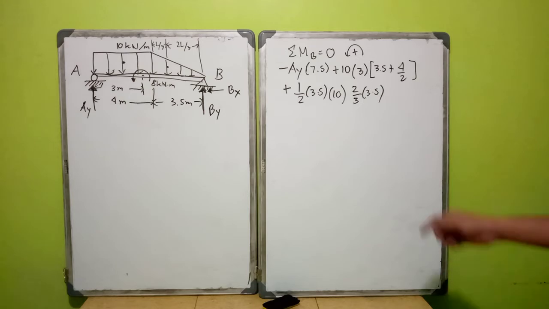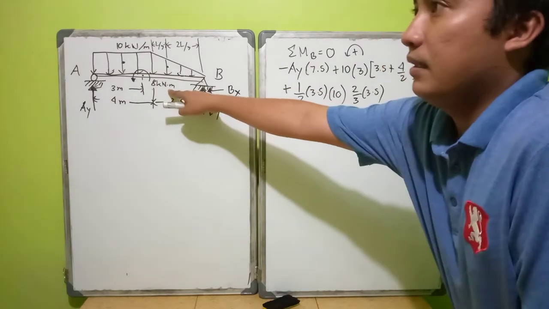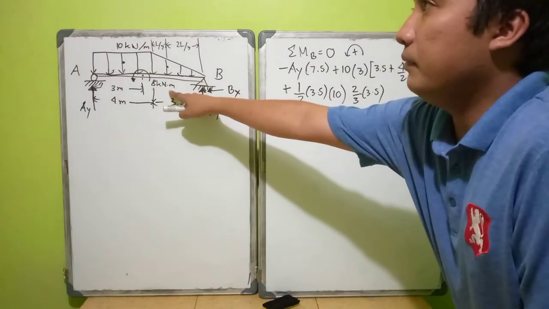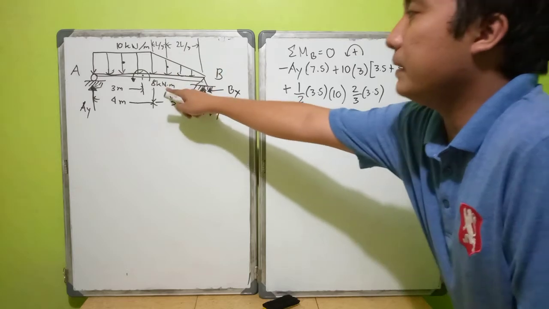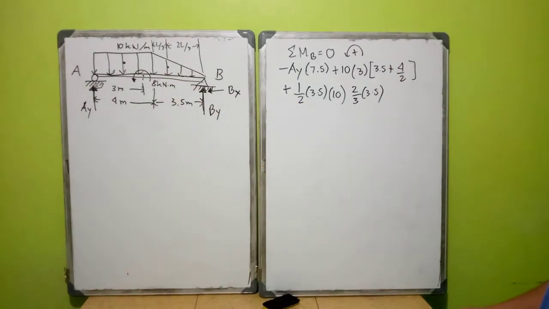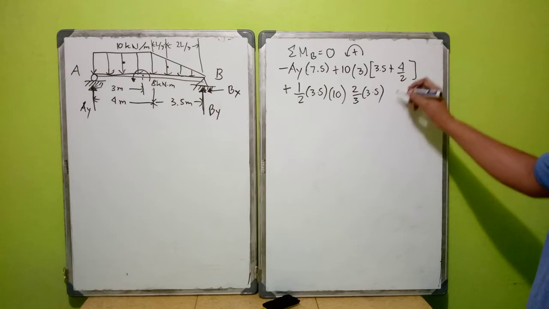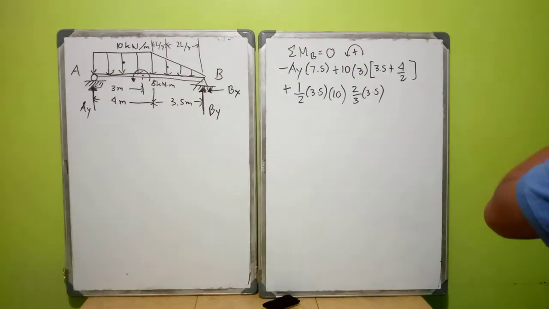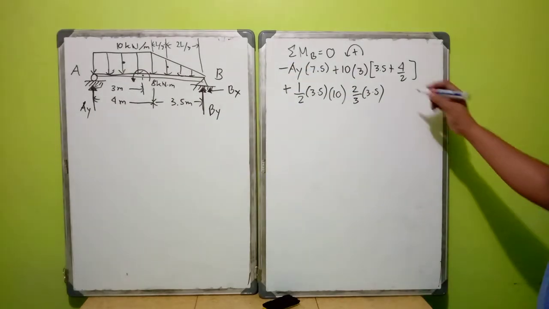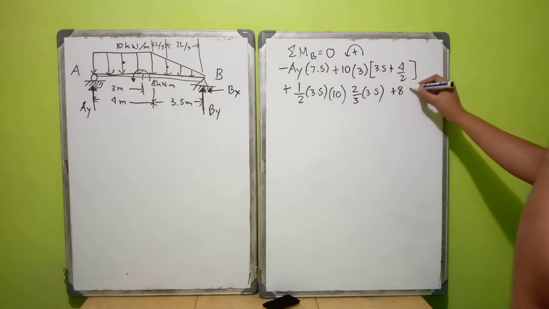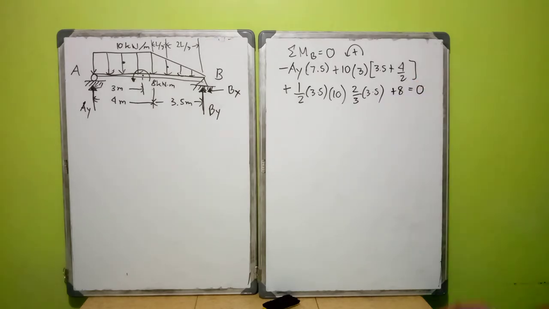Is there another loading? Yes, there is an isolated internal moment at the middle, located at 3 meters. Since it is counterclockwise, it is positive, so plus 8. And all of that, you will equate to 0.